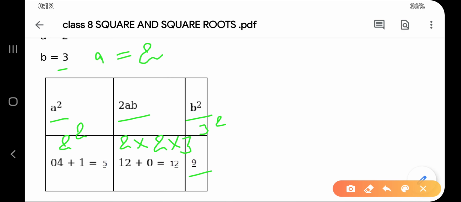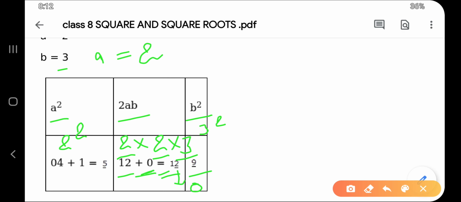Now let's come to the next column, that is 2ab. 2 multiplied by 2 multiplied by 3. As the carry here is 0, that's why 0 is written here. So 2 2s are 4, 4 3s are 12, and 12 plus 0 is 12 only. So we need to keep just 2 here, and the rest, that is 1, would be added to the next column.